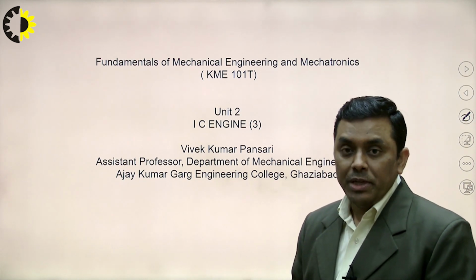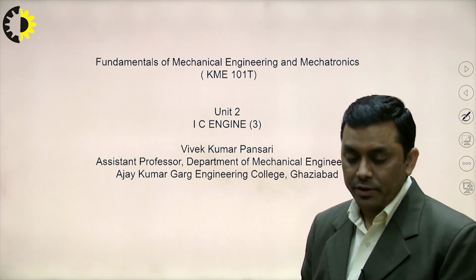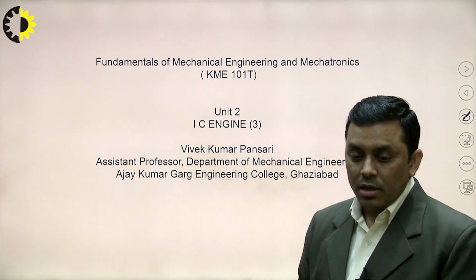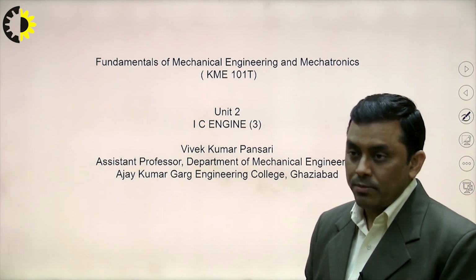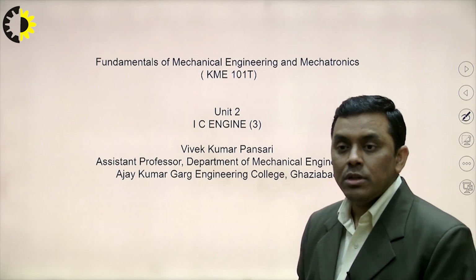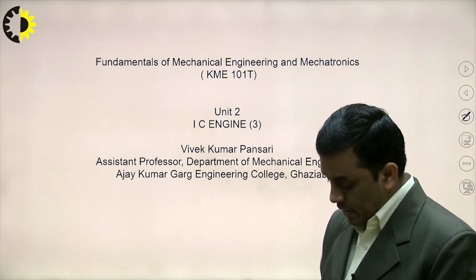In my previous videos related to IC engine, internal combustion engine, I discussed the basic terminology of IC engine, components of IC engine, and in the last video I was discussing the working of 4-stroke petrol and diesel engine.